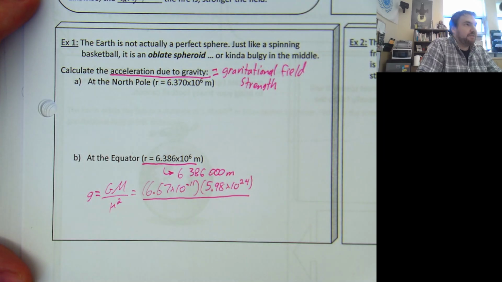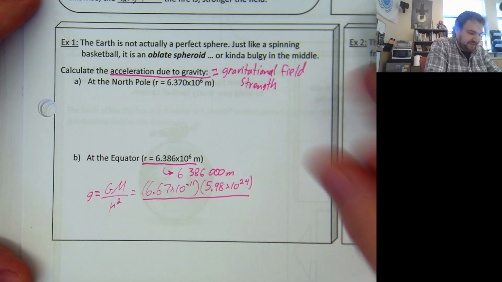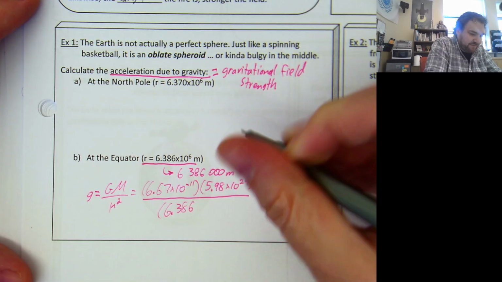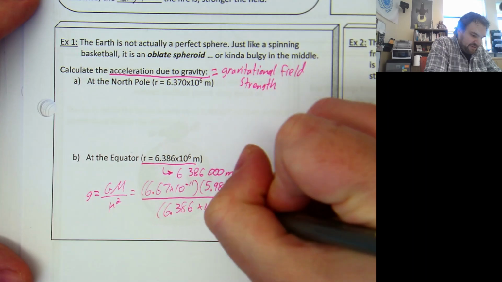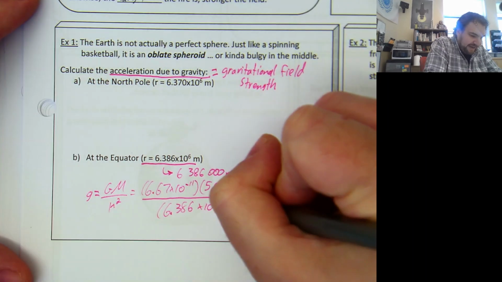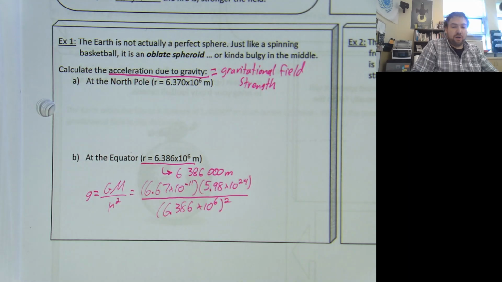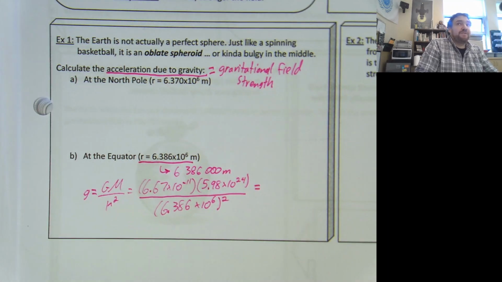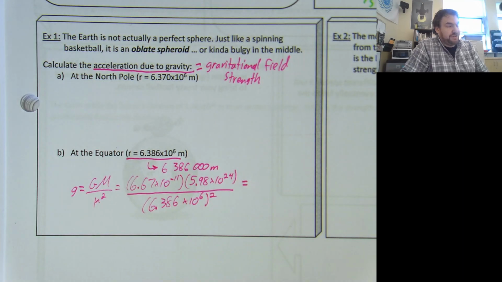But now we're 6.386 times 10 to the 6 meters from the center. And we can't forget to square that r value. If you punch that into your calculator, what's the acceleration due to gravity, or the gravitational field strength, at the equator?